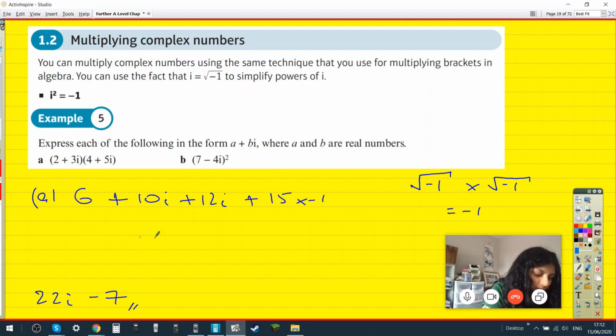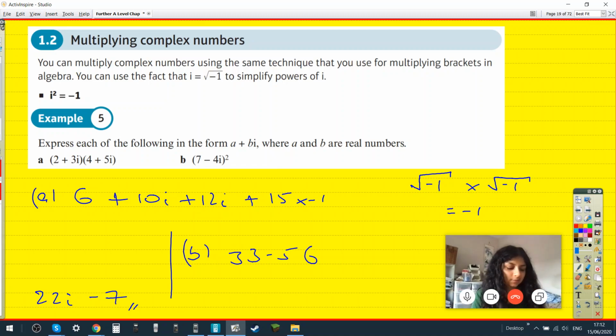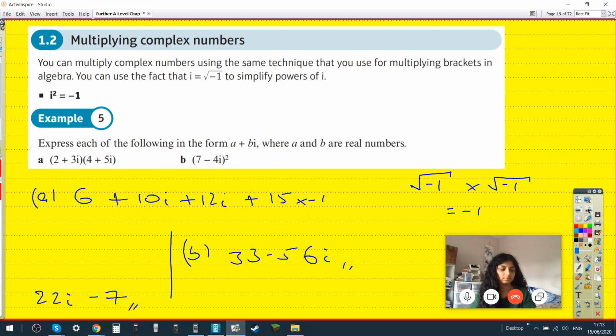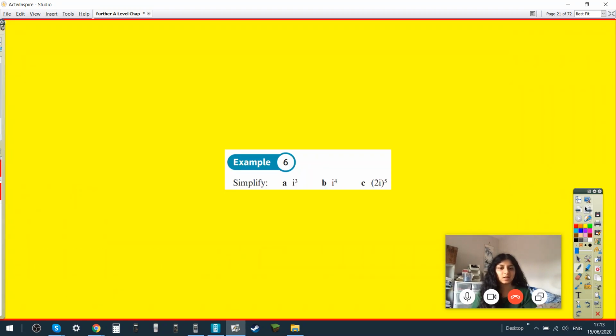The second one, I got 33 minus 56i. Probably right. 33 minus 56i, minus 7 plus 22i. Any questions there? No, it is just the same as algebra.